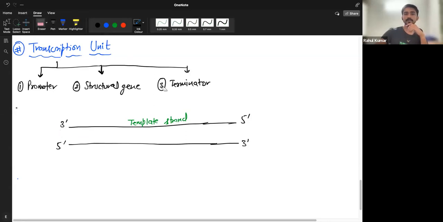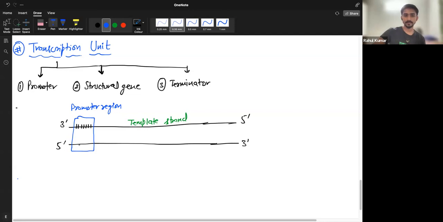Okay. So the template strand acts as a template for DNA dependent RNA polymerase. And towards the 3' end of the template strand, there will be a region, a sequence, which is present here. This will be called the promoter region. And the promoter region is the region where RNA polymerase comes and binds.